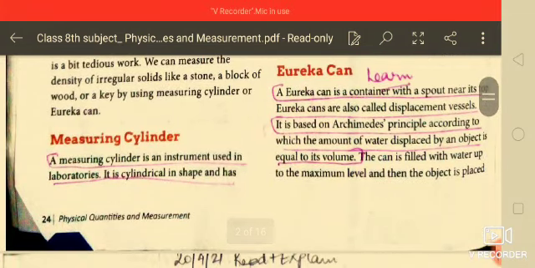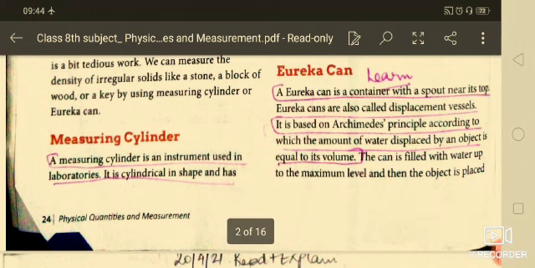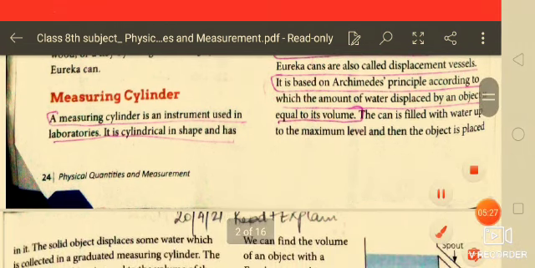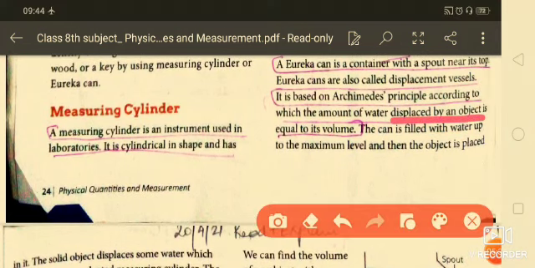Then the second thing: what is this Eureka can? Students, a Eureka can is a container with a spout near its top, and Eureka cans are also called displacement vessels. It is based on Archimedes' principle, according to which the volume of water displaced by an object is equal to its volume.